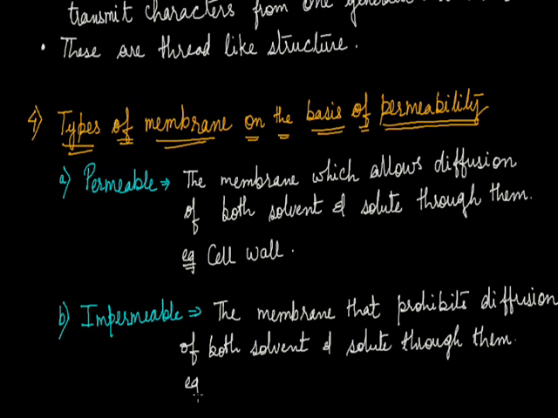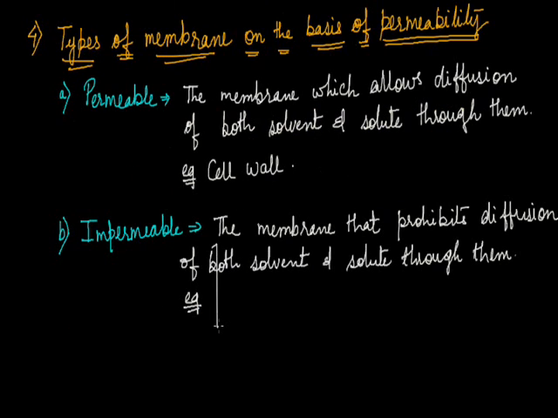Now coming to the example of impermeable membrane, the lignified and the cutinized cell wall of the plant cells become impermeable to anything. That is, they don't allow either the solute or the solvent molecule.